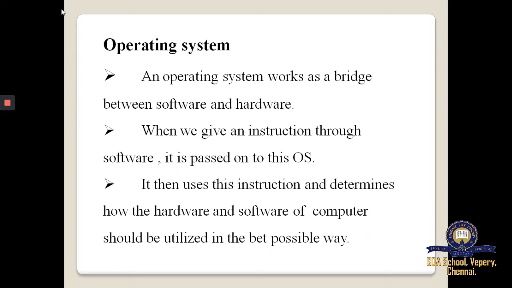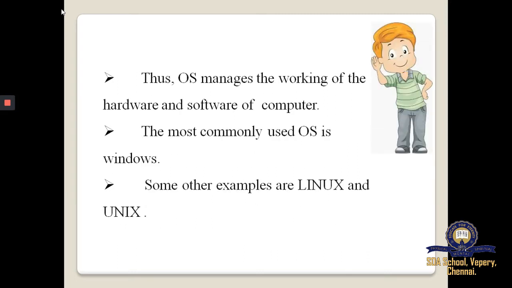It then uses this instruction and determines how the hardware and software of the computer should be utilized in the best possible way. Thus the operating system manages the working of the hardware and software of a computer. The most commonly used operating system is Windows, and some other examples are Linux and Unix.